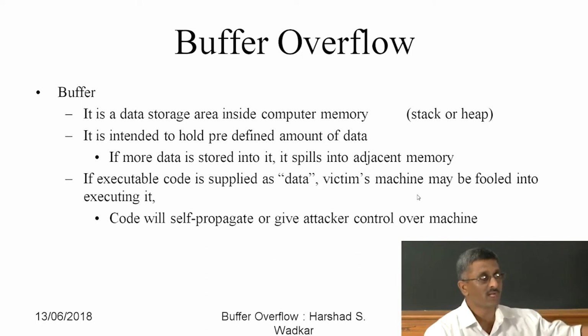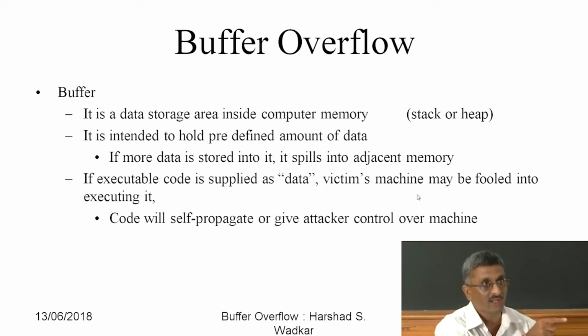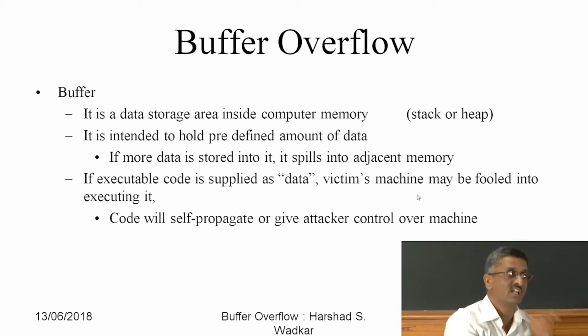The data goes to some other location, probably not given to my program, and it is going to corrupt or overwrite the data. If the data that I want to store is going to overflow and overwrite some other memory, and that is executable code, what will happen?